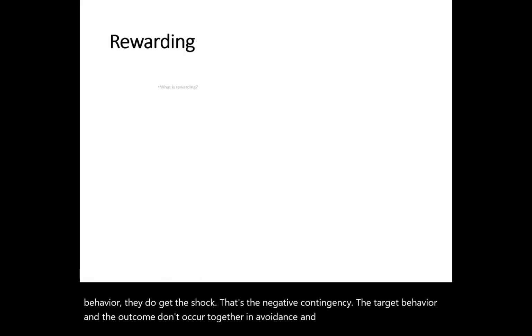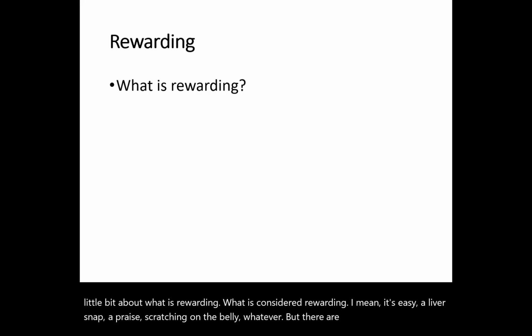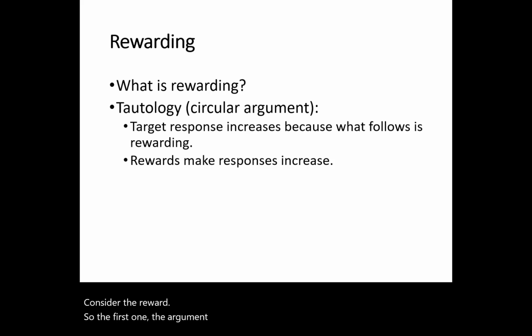All right, let's talk a little bit about what is rewarding. What is considered rewarding? I mean, it's easy, a liver snap, a praise, scratching on the belly, whatever. But there are some theories about what are in fact considered a reward. So the first one, the argument is a bit sort of tautological. Tautological means sort of a circular argument.